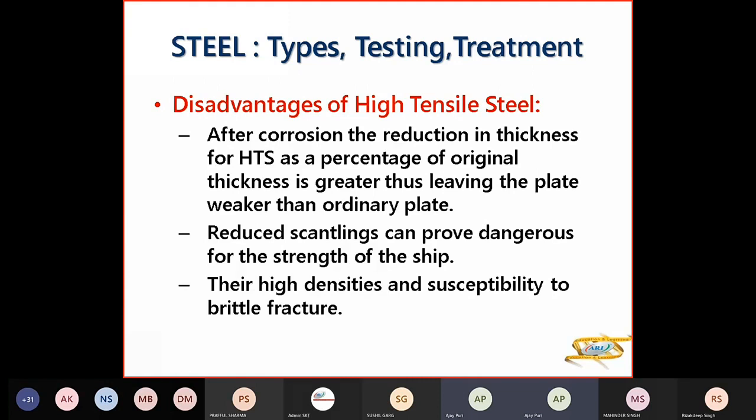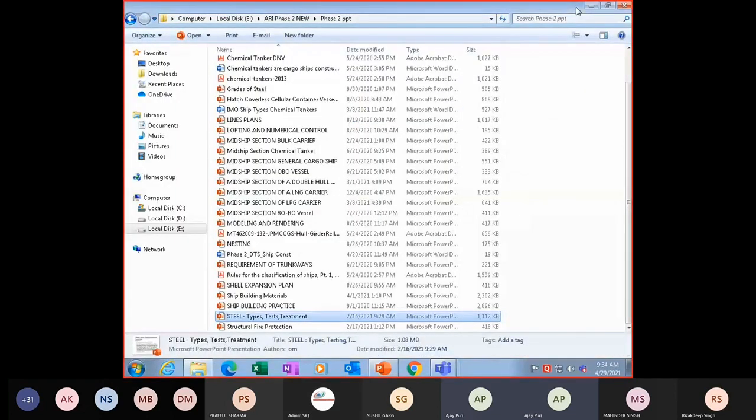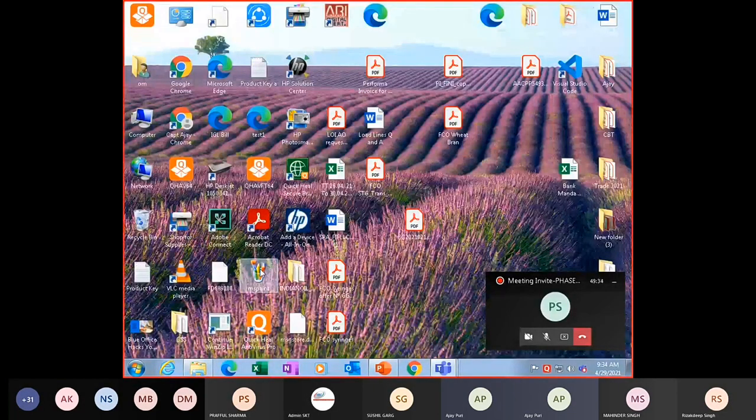Now the disadvantages of high tensile steel. Now high tensile steel thickness is, let me explain with this diagram how the thickness will change the strength of the material.